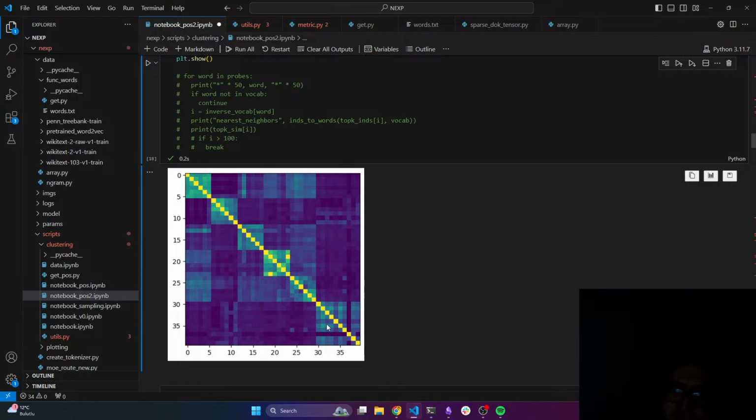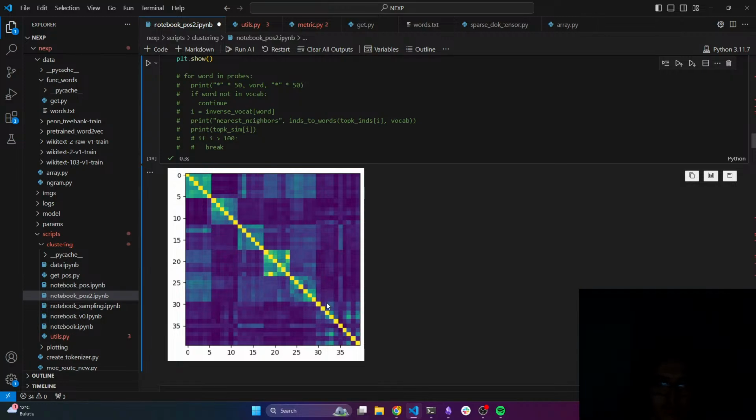Another interesting thing is that these words are sampled from the tail end of the distribution, and you can see there are no strong clusters, except for this maybe a little bit. These are randomly sampled words from the vocabulary. Random words are usually content words or lexical words, and they usually have very low similarity to these function words.